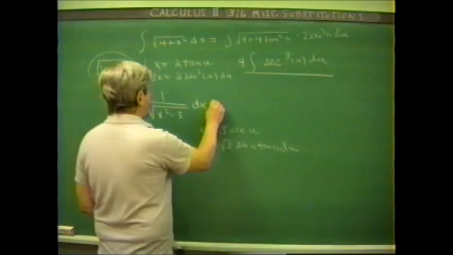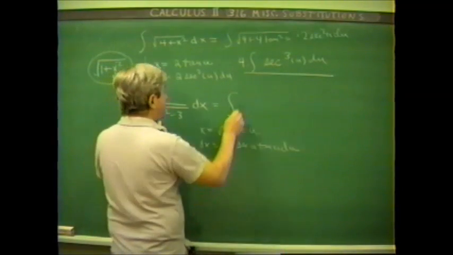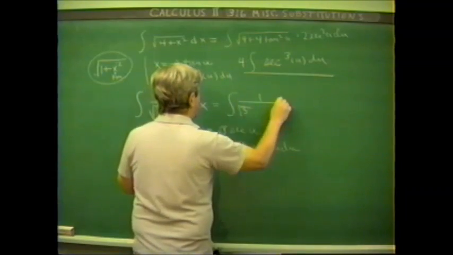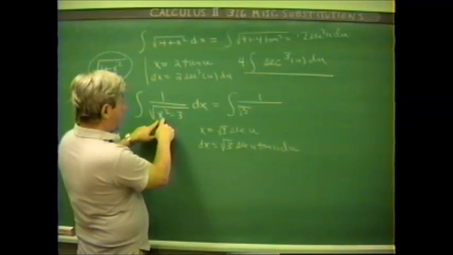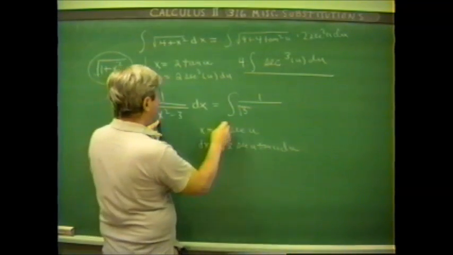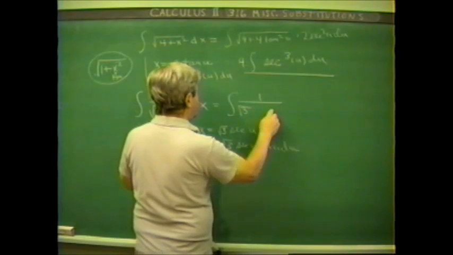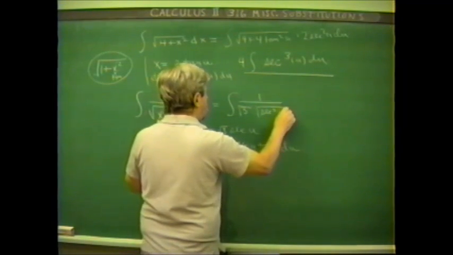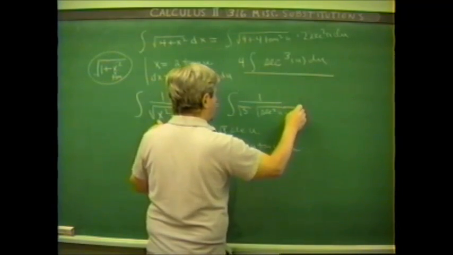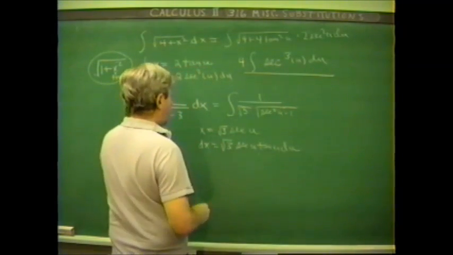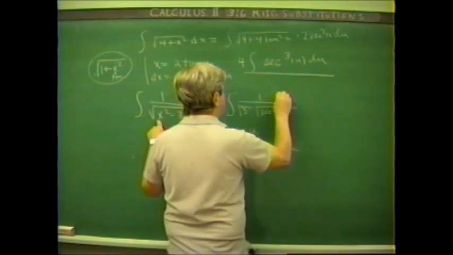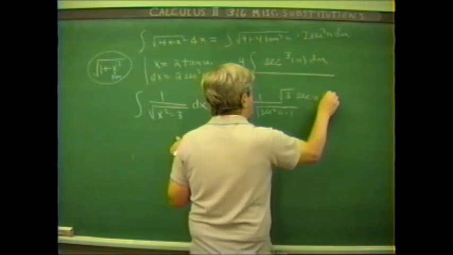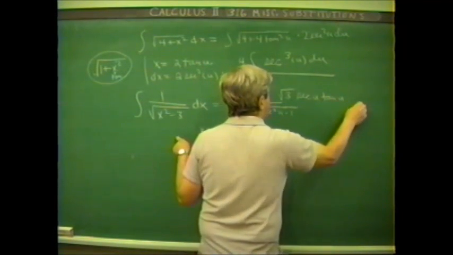And this becomes the antiderivative of square root 3 in the numerator times secant u tangent u du, over the square root of 3 secant squared minus 3, which is square root 3 times the square root of secant squared minus 1.